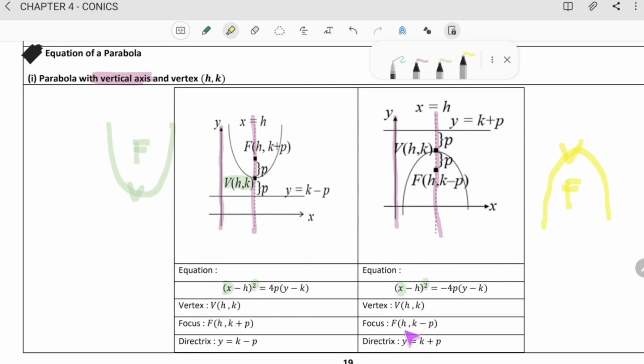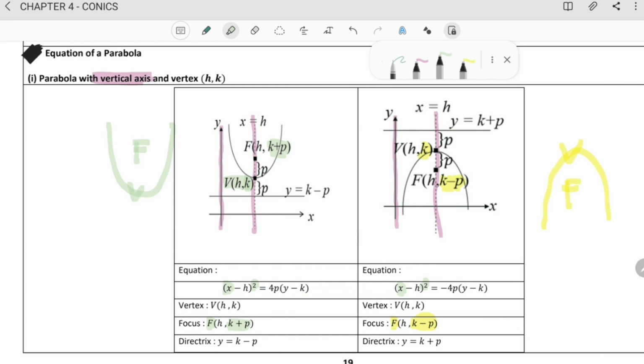So that's why the focus will be k minus p. The only change is on the y coordinate. The x coordinate will be the same. The y coordinate is different below the vertex. But in here, because the focus is above V, obviously the y coordinate is above V, and that's why we have k plus p.